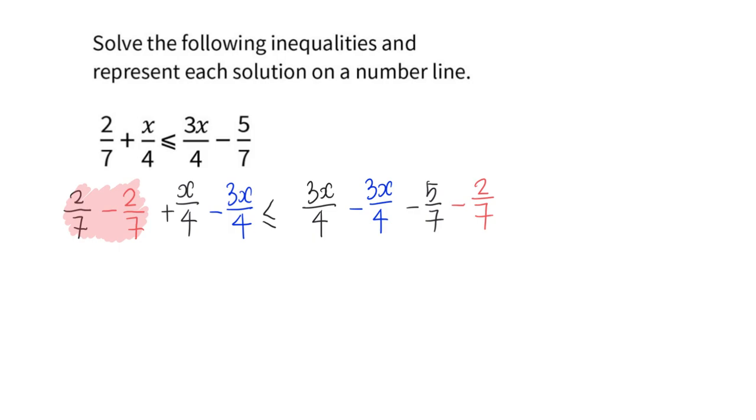x over 4 minus 3x over 4. The denominator is the same. What does this mean? Then this means that the whole thing is over 4. I can put them together, and we have x minus 3x.